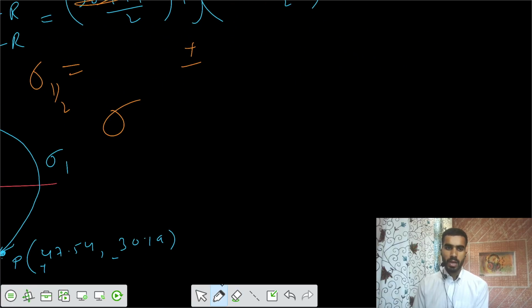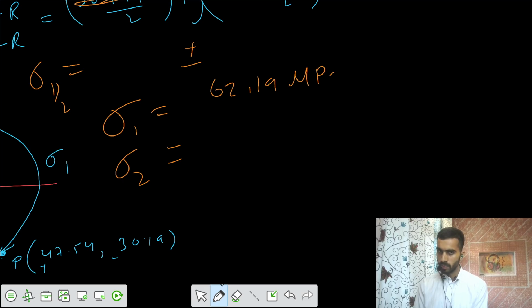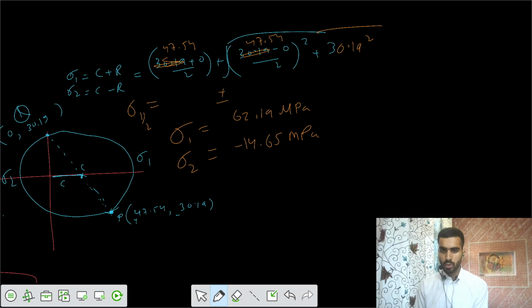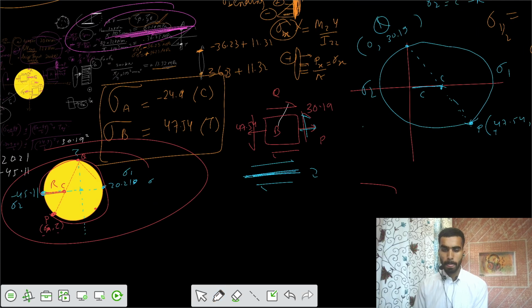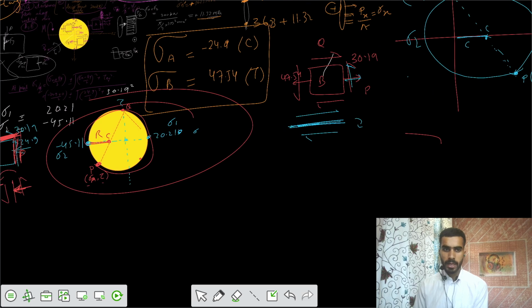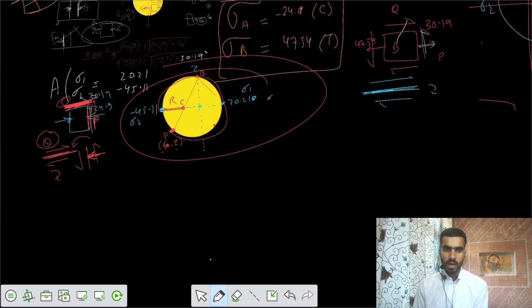So finally your sigma 1 equals 62.19 megapascal, and sigma 2 equals minus 14.65 megapascal. So if you compare those 2 points A and B, on point A you got major principal stress of 20 and minor principal stress of 45.